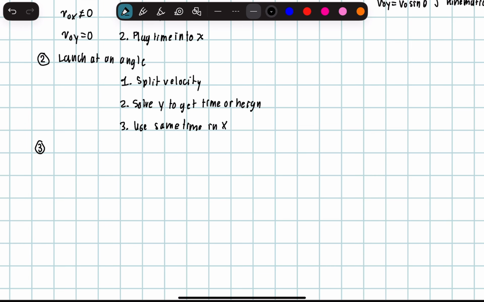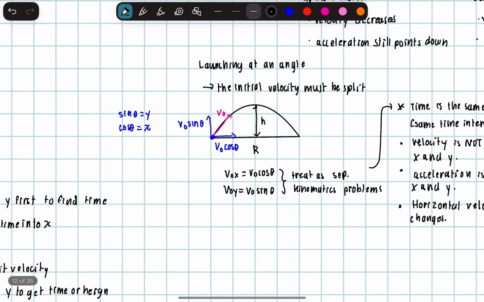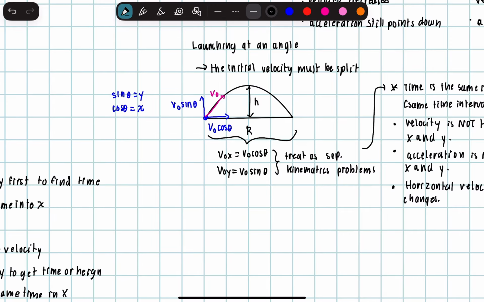Now for your third type, you're going to be solving for the range. And your range is the horizontal distance where your projectile lands. In algebra, you may know the range as the possible y values, but range is opposite. So here, range is the horizontal distance that you launch it from. This is your range.